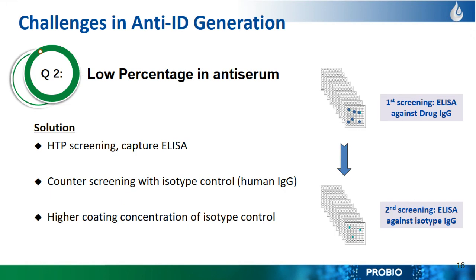Regarding the issue of low percentage of anti-ID during monoclonal campaigns, we use high-throughput screening to increase the scale and use higher coating concentrations of isotype controls to exclude the Fc-specific antibodies. Typically, at least 2 runs of ELISA-based screening will be carried out to select those positive against the target drugs but negative to the isotype control.